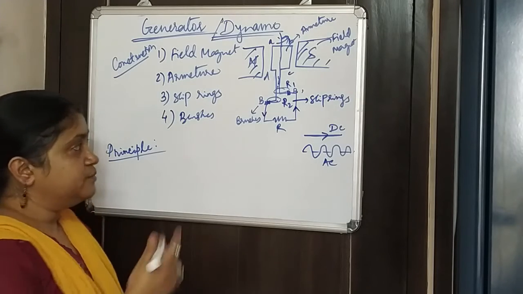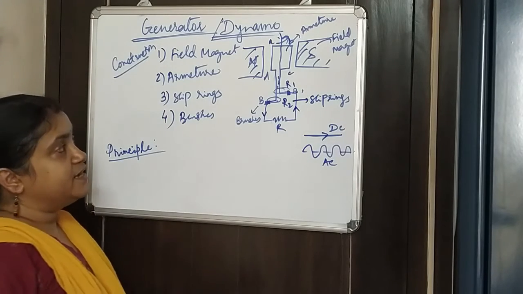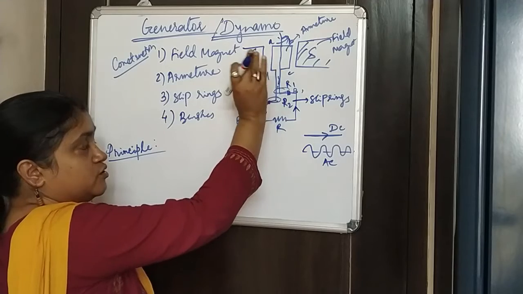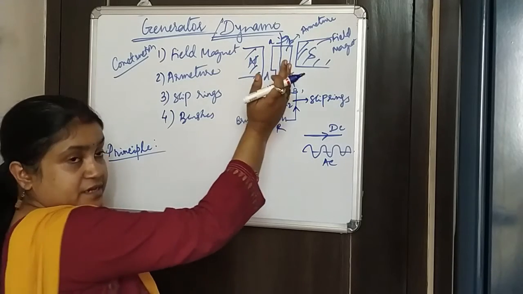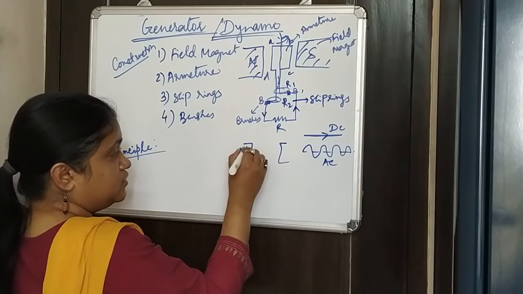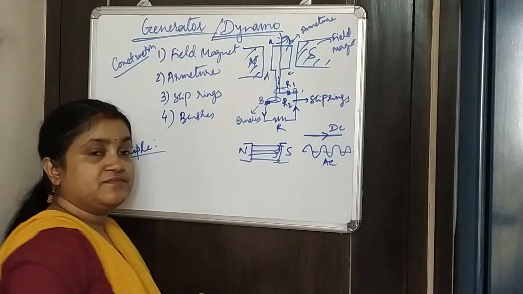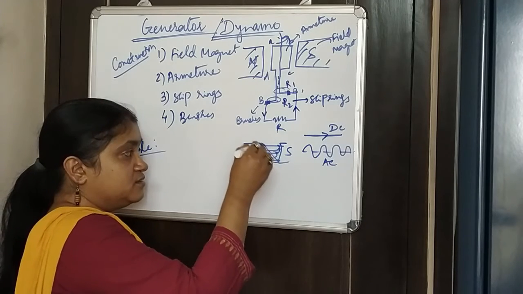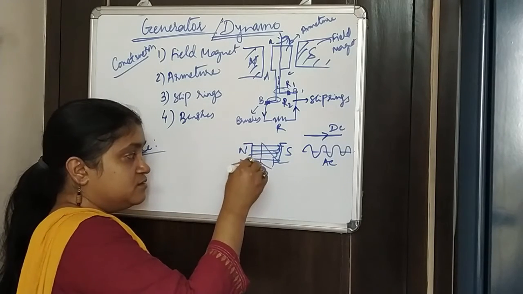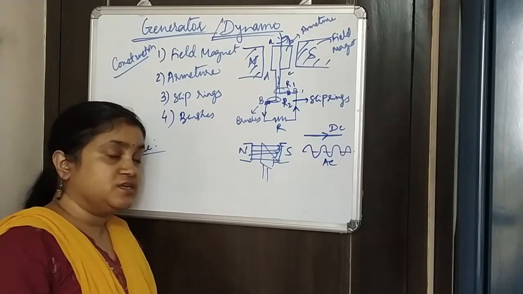Now coming to the principle of the dynamo. You can see that this dynamo keeps on rotating, right? Between north and south there are magnetic field lines, or the magnetic flux, and this armature keeps on rotating.